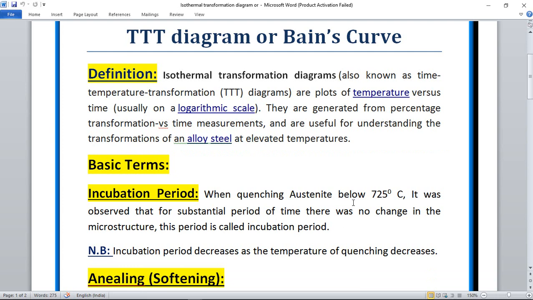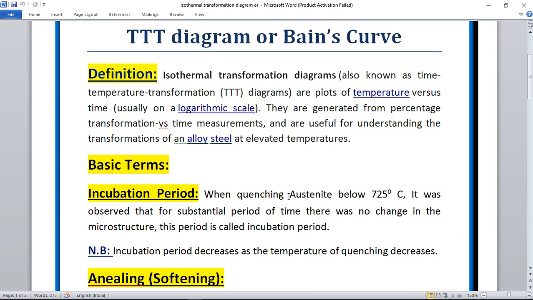When quenching austenite, which is an allotropic form of iron, gamma austenite, with a face-centred cubic crystal structure, below 725 degrees centigrade, it was observed that for a substantial period of time there was no change in the microstructure. This period is called the incubation period.